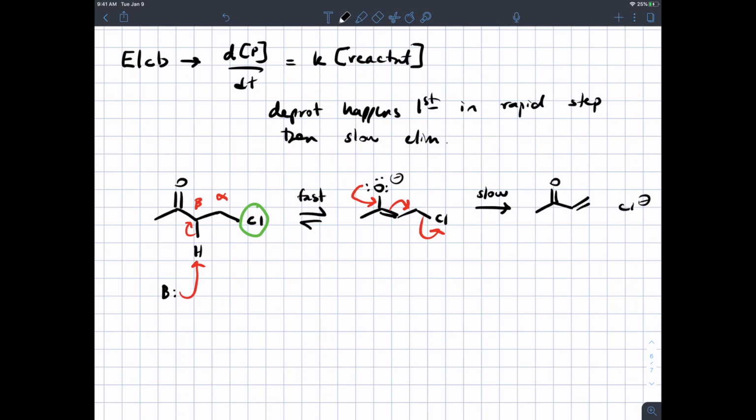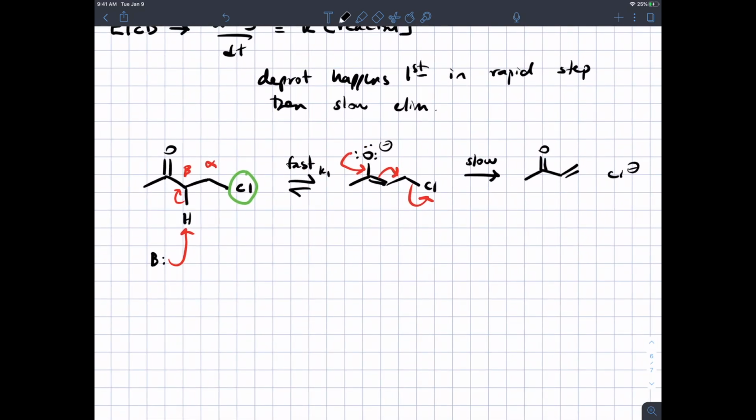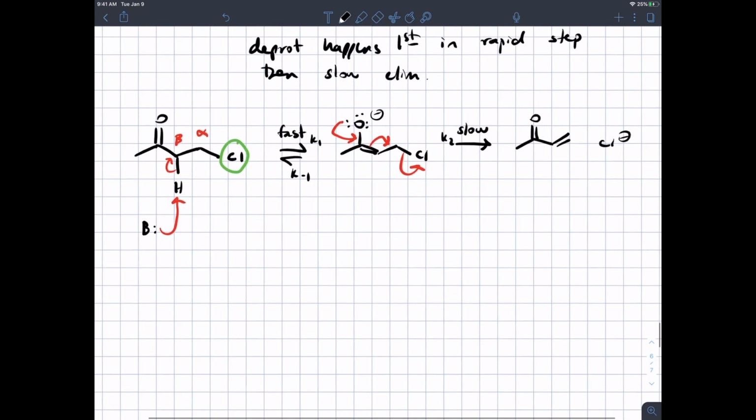All right. And so if you want to look at the kinetics of this step, you've got a pre-equilibrium to an intermediate and then a slow step. You could use the steady state approximation for this intermediate.